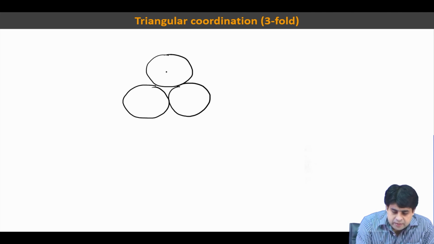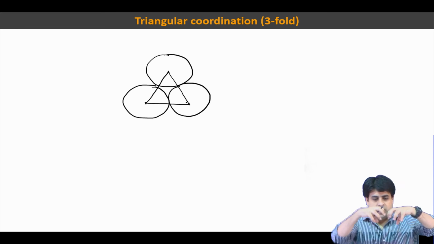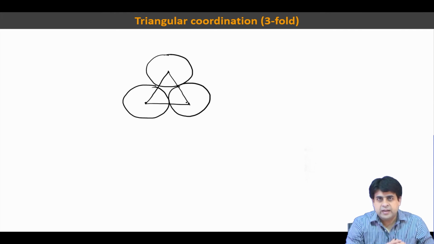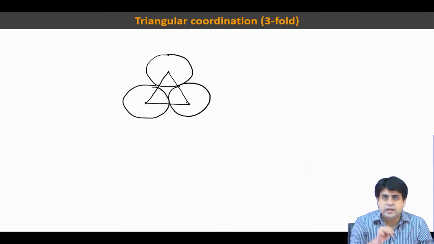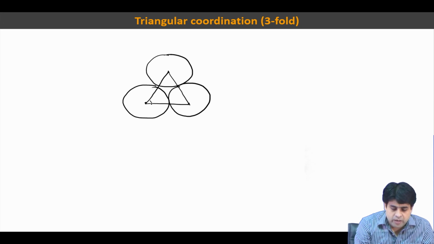If you take the centers of these spheres and connect them, and you assume that they are in one plane, then connecting the centers of these three spheres will make an equilateral triangle.